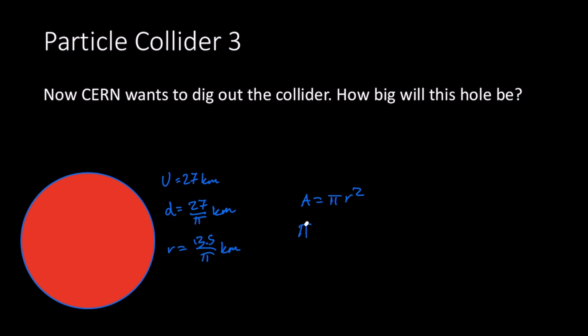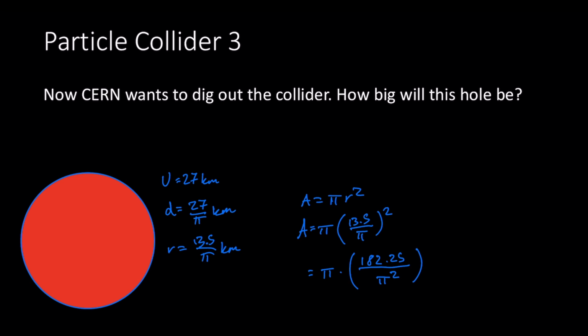So A is equal to pi times 13.5 over pi, squared, which is 182.25. So pi times 182.25 over pi squared.